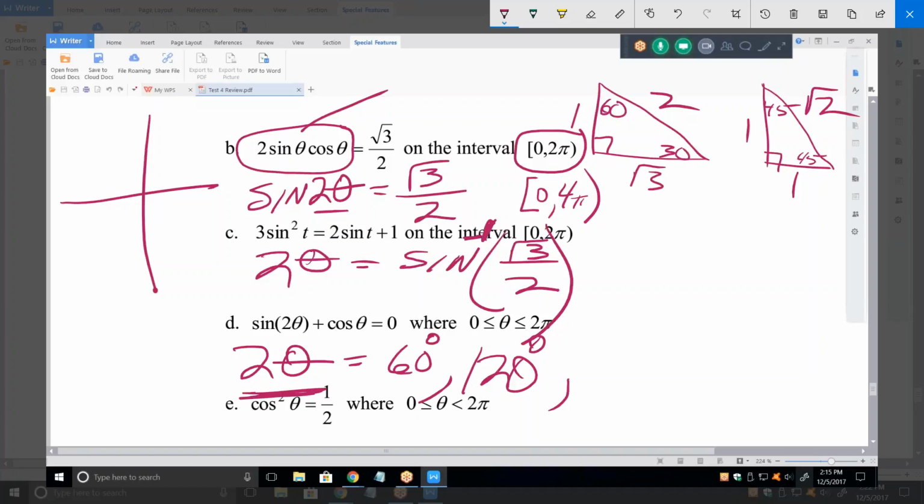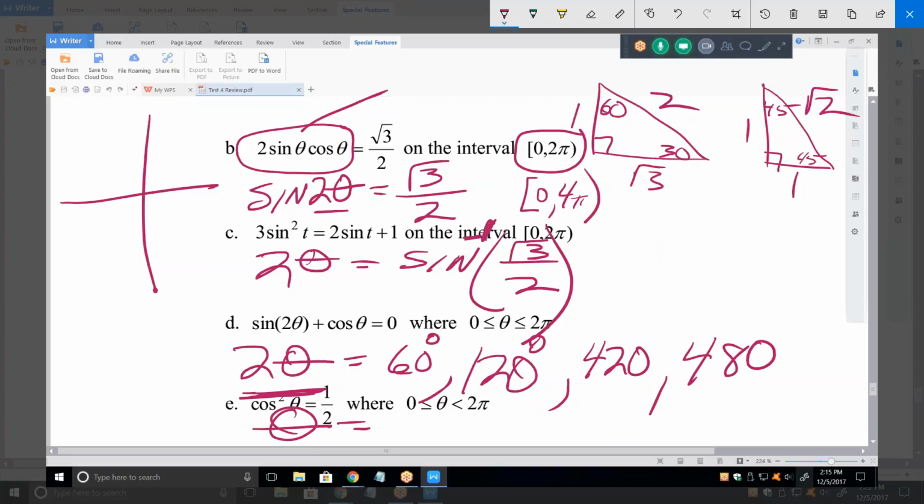What's the next one? It'd be 420. And the next one? 480. Okay. That's out to 4 pi. Now you can solve for theta.